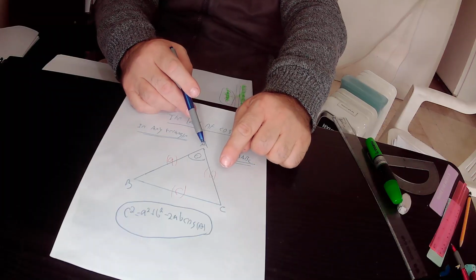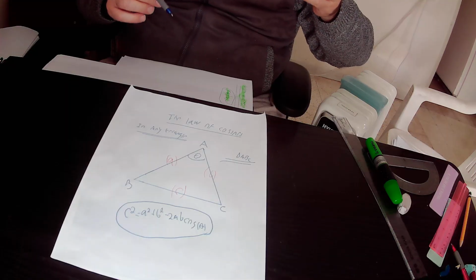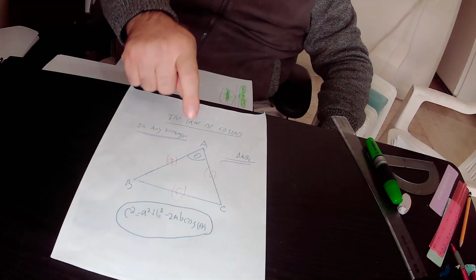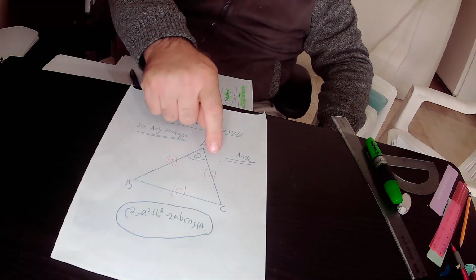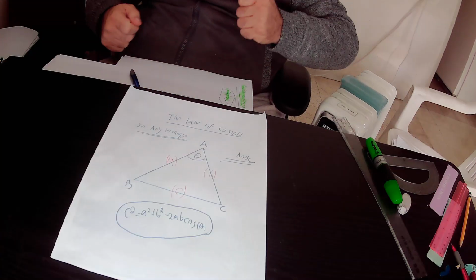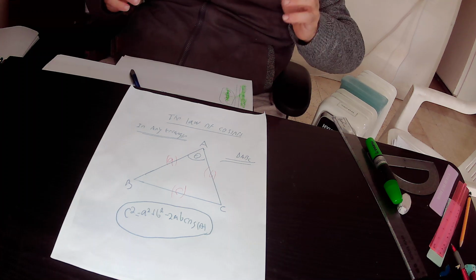For this triangle, according to the law of cosines, the following equation is true. C squared equals A squared plus B squared minus 2 times A times B times cosine theta. Again, C squared equals A squared plus B squared minus 2 times A times B times cosine theta.